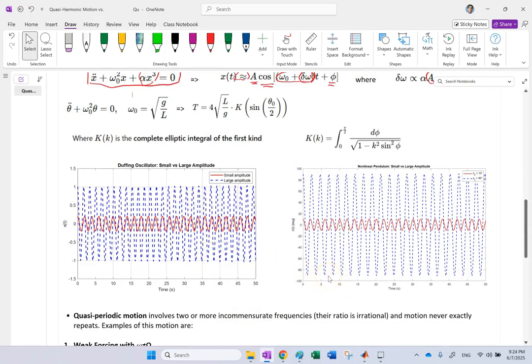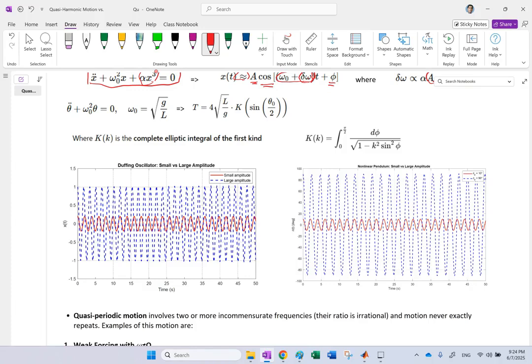You can see that in the bottom left graph. These are the responses, numerical solutions to the Duffing oscillator. One has a large amplitude, one has a small amplitude, and although they started from the same phase and initial condition, except of course for magnitude, with the same x dot of 0, you see that if it was a linear oscillator, if that alpha x cubed term was not there, their frequency would be the same.